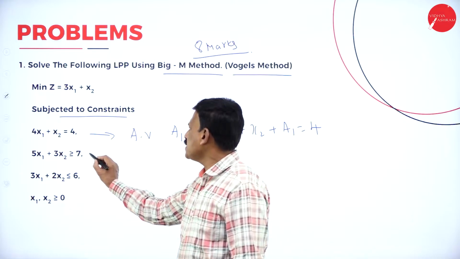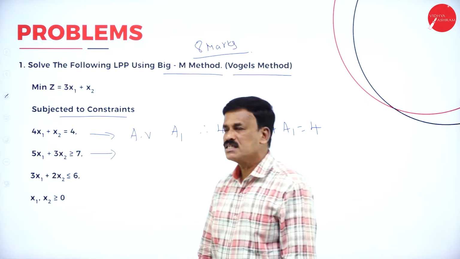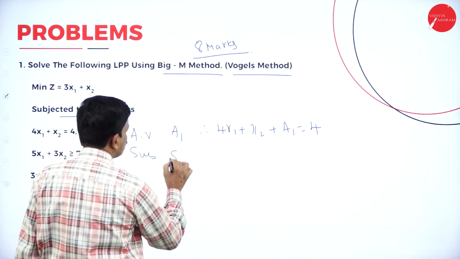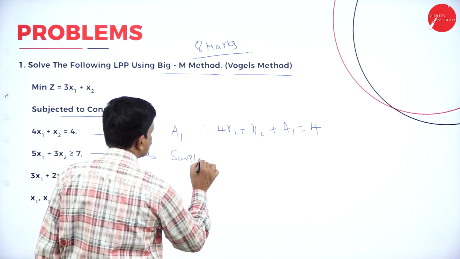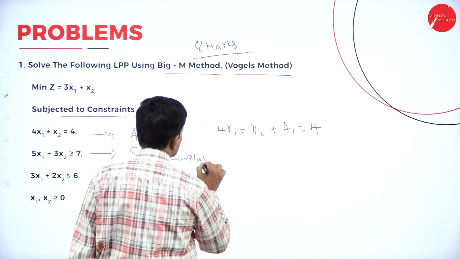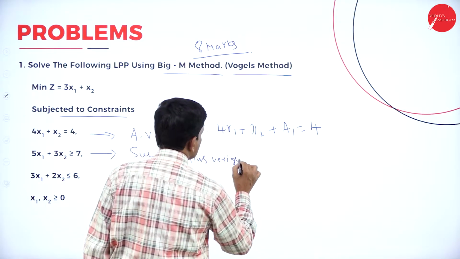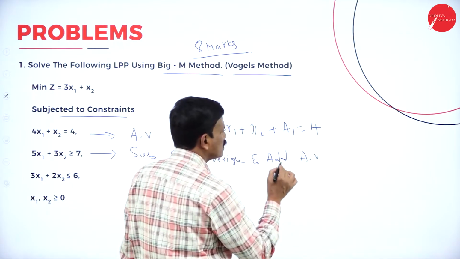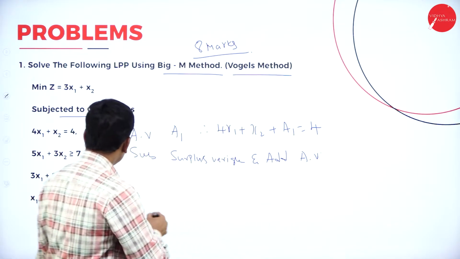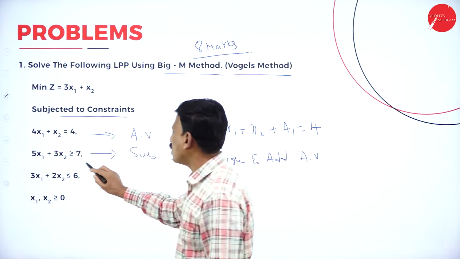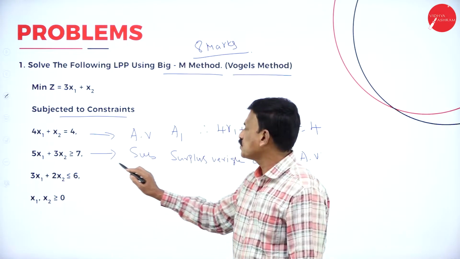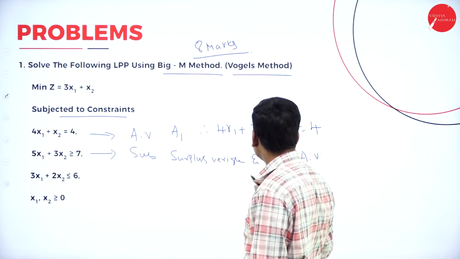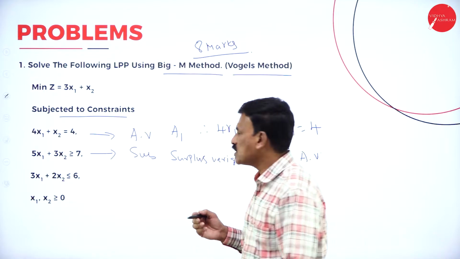Right. Now if it is of greater than or equal to sign, then we are going to subtract one surplus variable and add an artificial variable. So here, if the equation is of the form greater than or equal to, we are going to subtract a surplus variable and add an artificial variable.